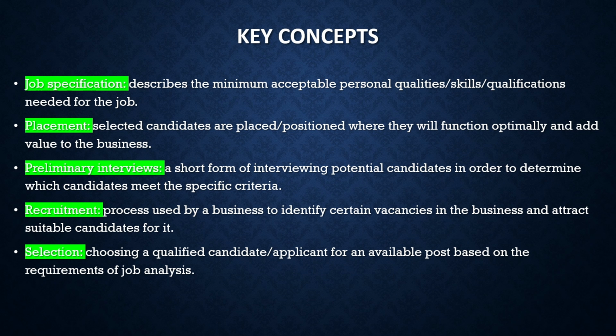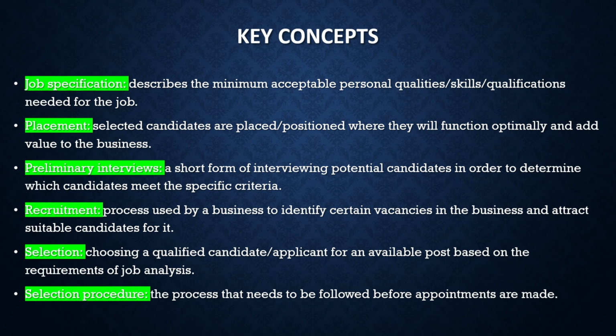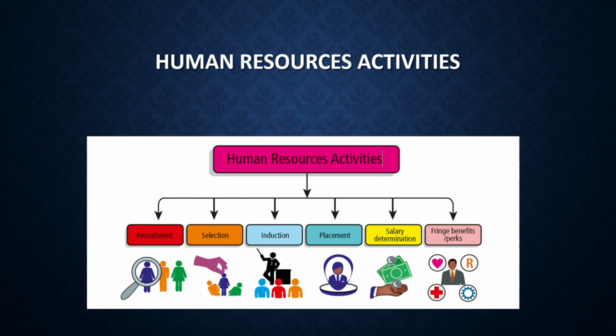Selection. This refers to the steps involved in choosing someone who has the right qualification to fill a job opening. The selection procedure. This is the process that needs to be followed before appointments are made.